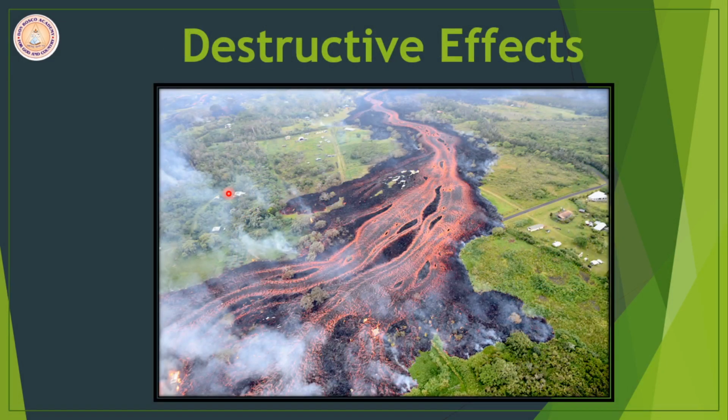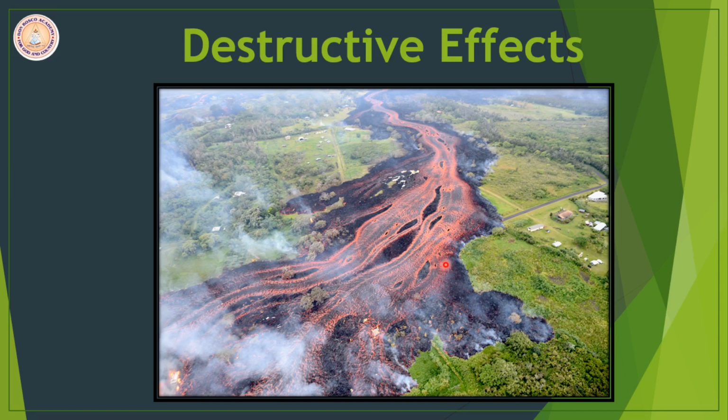Now, what are the effects of volcanoes? Volcanoes can cause heavy destruction of life and property. The fast moving lava, you can see over here, the lava which is coming out from a volcanic eruption, can destroy settlements, that is houses, roads and all important structures.